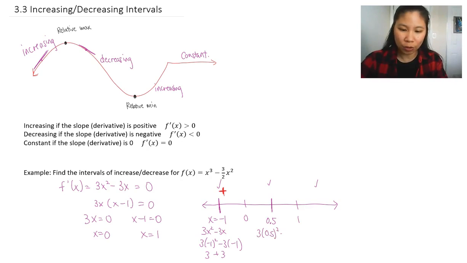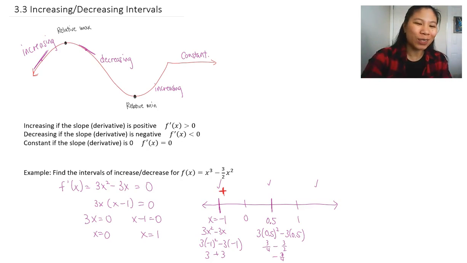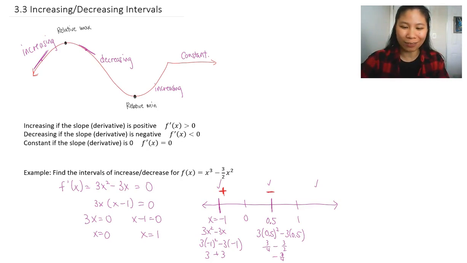So plugging this into my derivative, I'm going to work in fractions here, I think I get -3/4. It doesn't matter what the number is. We're just looking for whether it's positive or negative, and I end up with a negative number. So that means between 0 and 1, it's going to be decreasing.